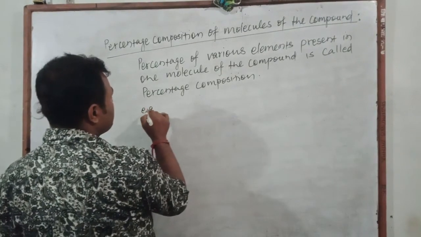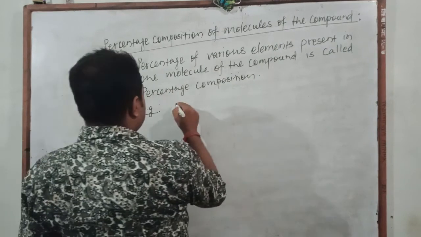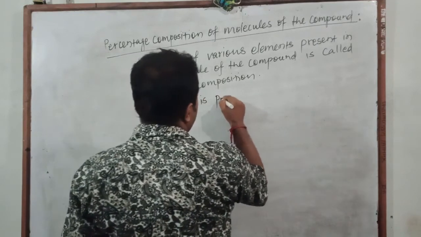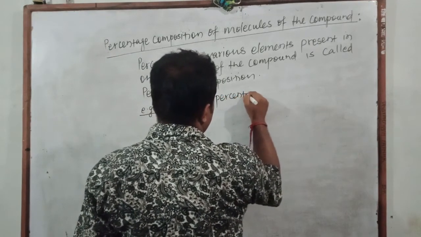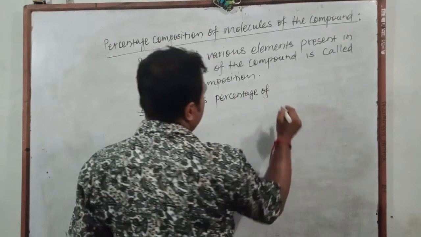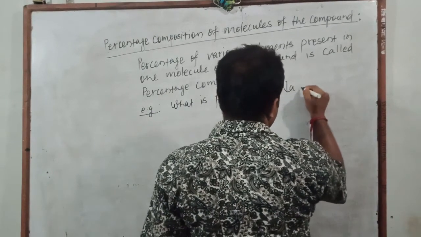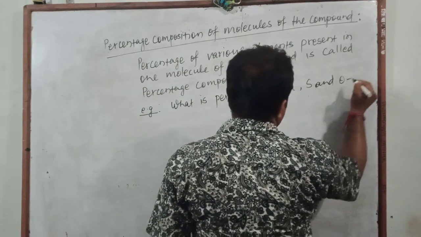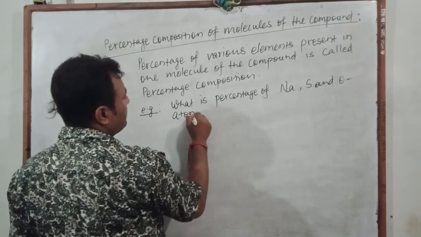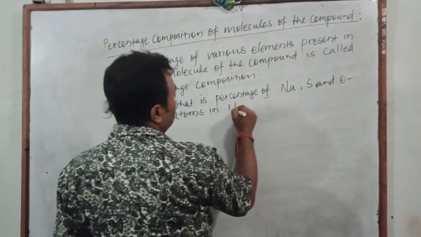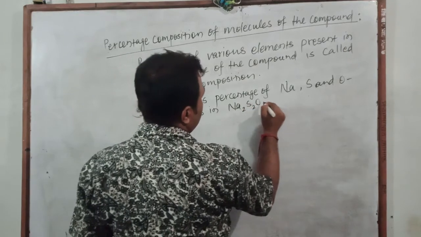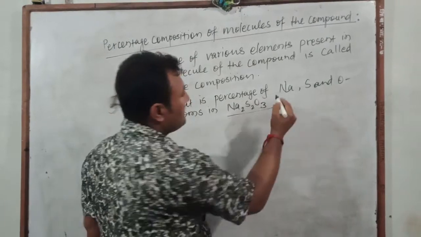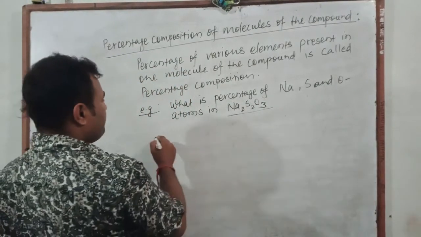As an example, what is the percentage of sodium, sulfur and oxygen atoms in sodium thiosulfate, Na2S2O3?